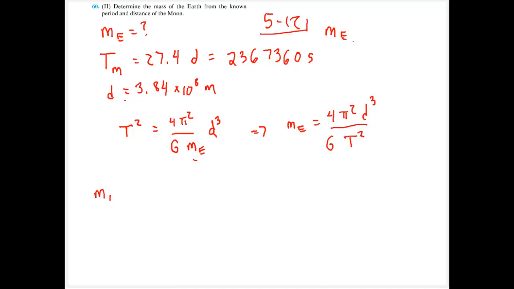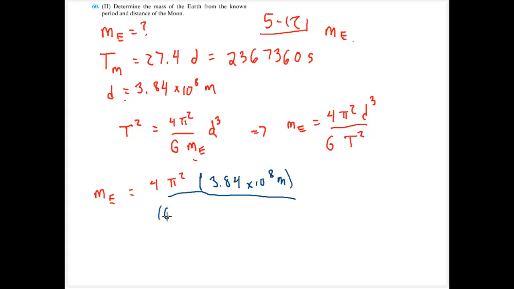At this point it's really just plug and chug. So 4 pi squared, and I'll put my distance in here. That's going to be 3.84 times 10 to the 8th meters.